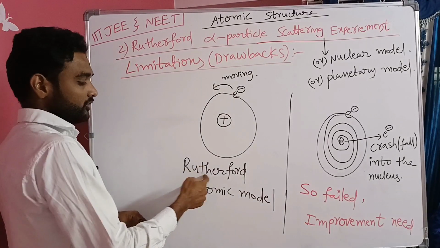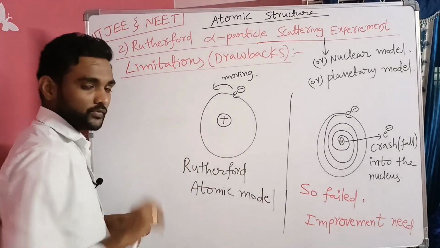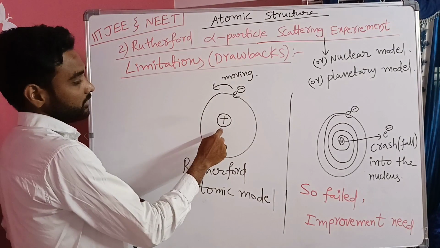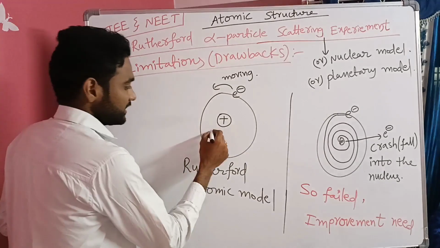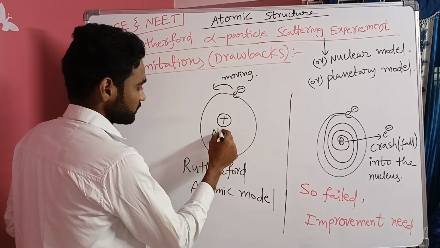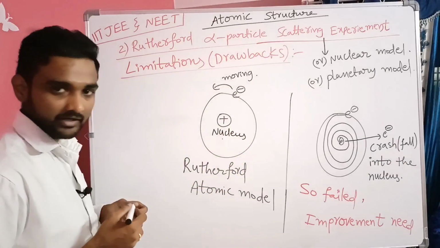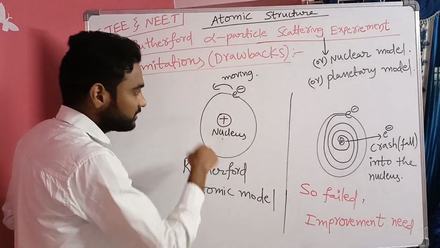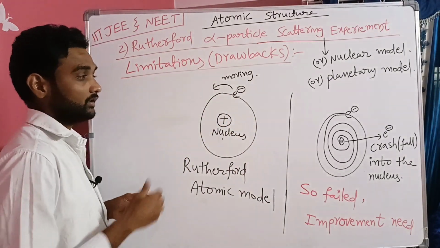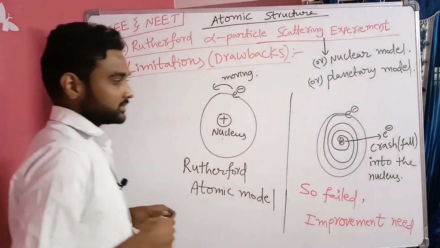According to the Rutherford atomic model, this is the final structure of the atom. The nucleus exists in the middle of the atom and the electrons are revolving around the nucleus with greater speed. Then where did his theory fail, do you know?